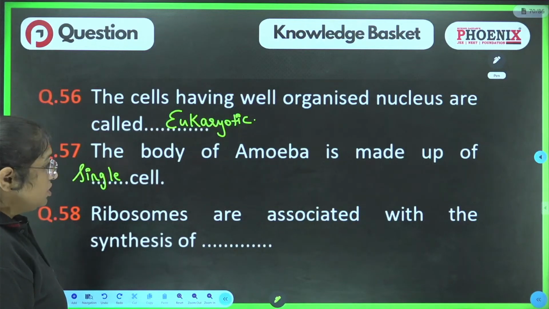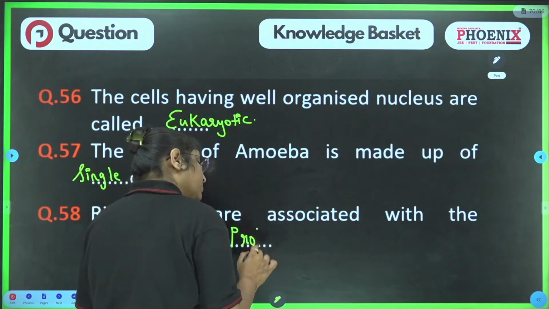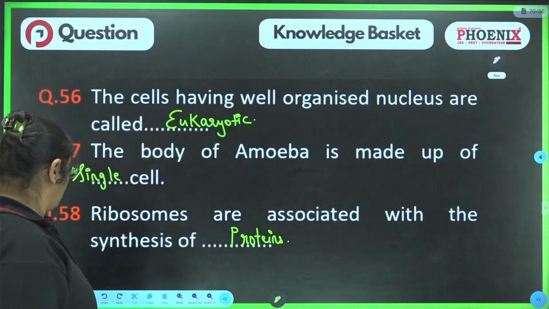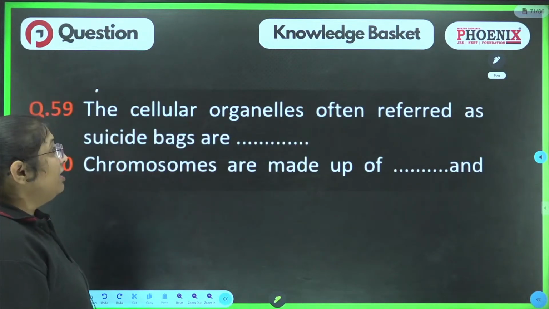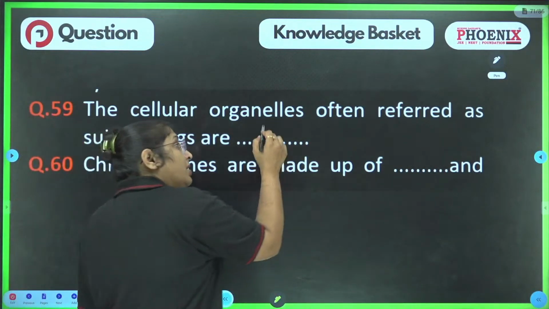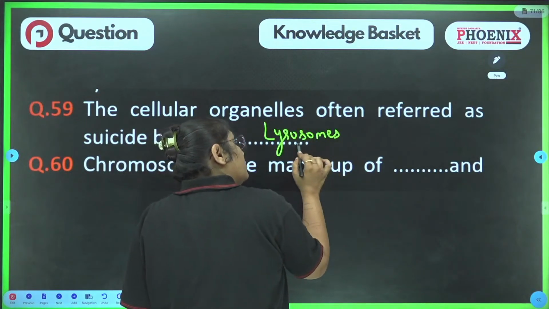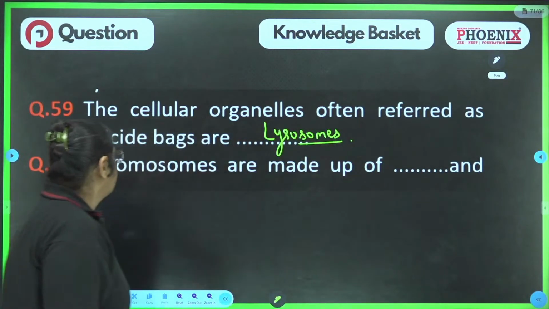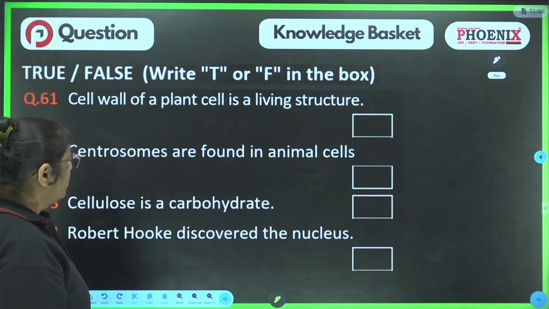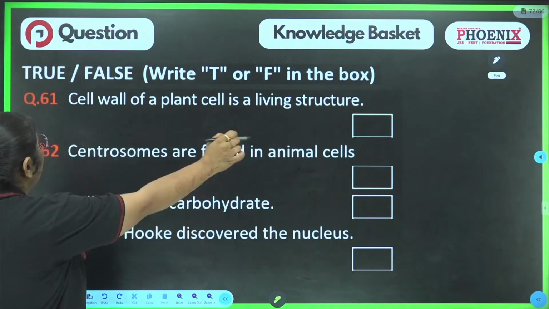Ribosomes are associated with synthesis of protein. The cellular organelles often referred to as suicide bags are lysosomes. Chromosomes are made up of DNA and protein. They are made up of genetic materials.